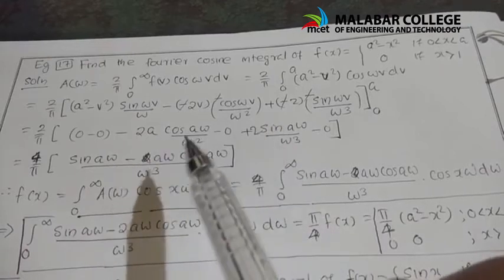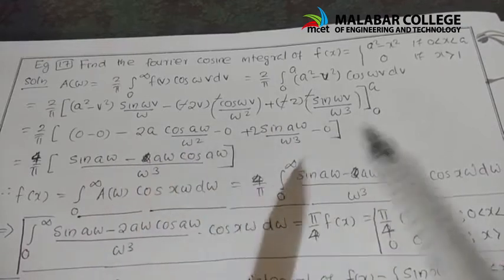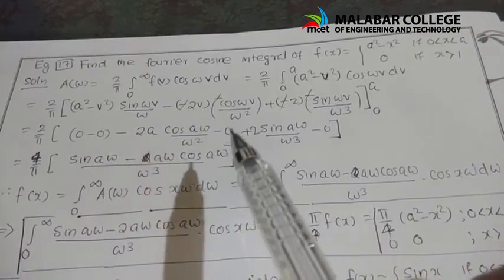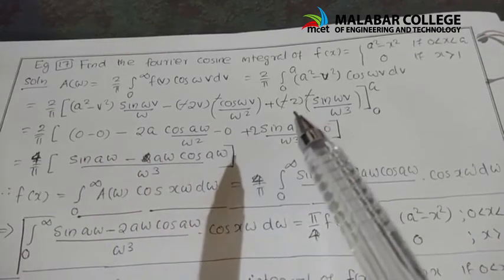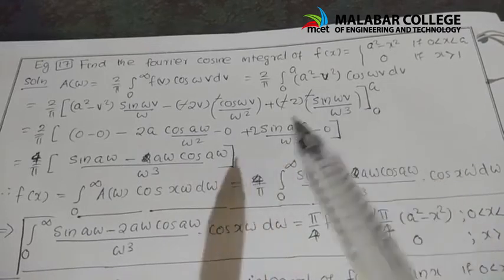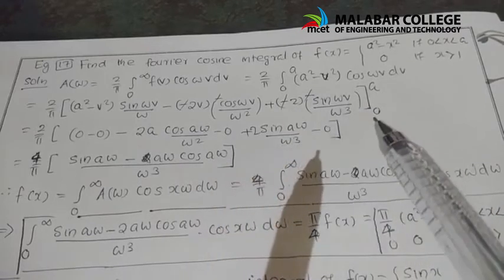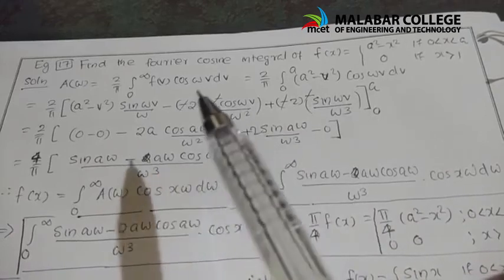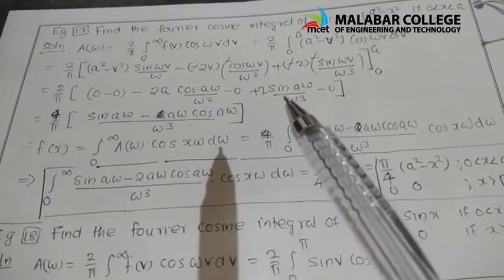Substituting 0 gives 2 into 0, which is 0, so no need to write it. Then plus 2 into the upper limit a, so 2 sin ωa by ω³, minus the lower limit, where sin 0 is 0. So we have only two terms remaining.